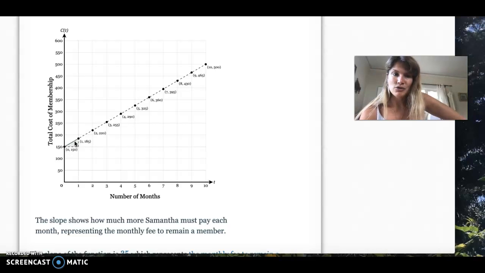And then each month after that, she has to pay $35 more to maintain her membership. So after 1 month, she's paid $185 in total, because she's paid the initial 150 plus the monthly 35. And this is a really common cost structure for lots of different examples, as you'll see in this Delta Math practice.